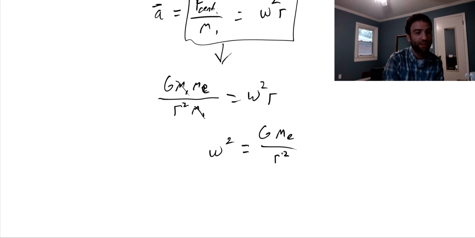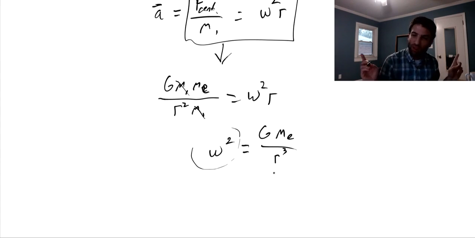So we see, for cases where the centripetal force is supplied by gravity, because gravity gets weaker the further away two objects are, the angular speed is inversely proportional to some power of how far away the orbiting object is.